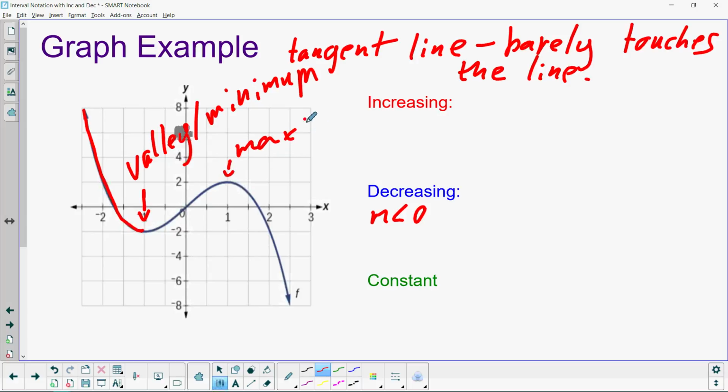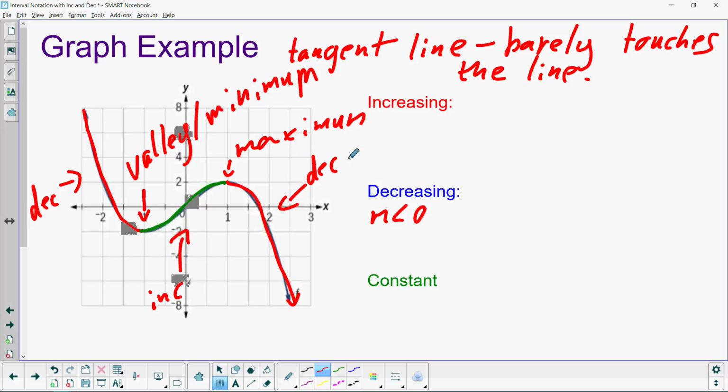And this is where you stop going up. We'll do up in green. And start coming back down. Okay. So we can see here, this red section is decreasing. This green section is increasing. And this red section is decreasing.